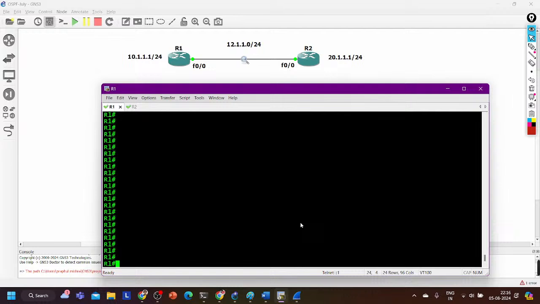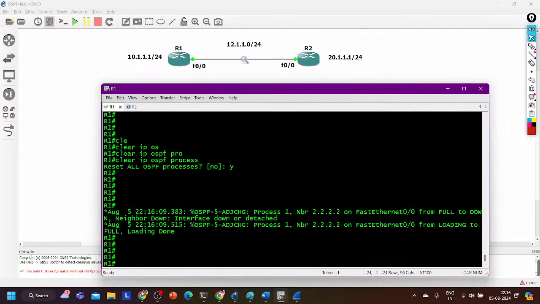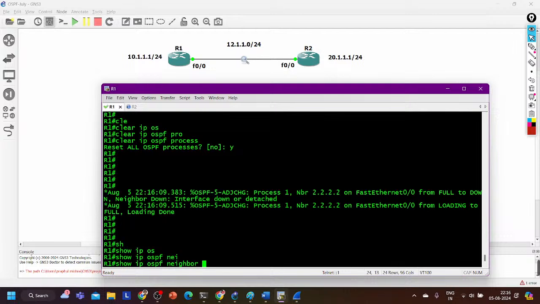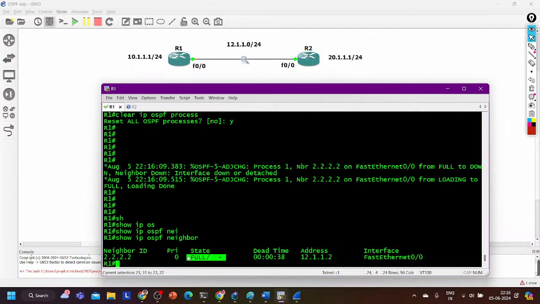To verify it, simply say clear IP OSPF process and say yes. Now it will break the neighborship, and show IP OSPF neighbor, you can see the neighbor is in full state, right?